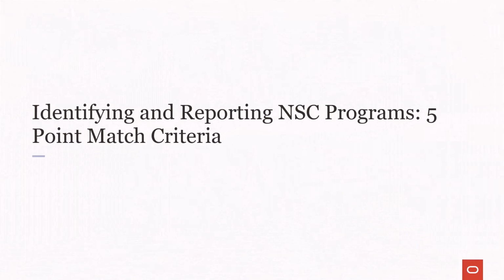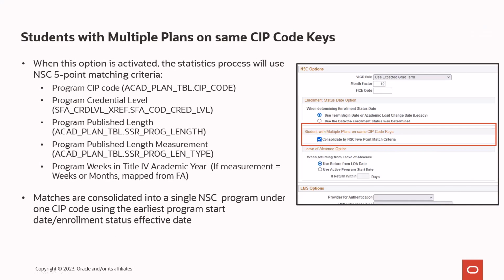In this next section, we'll look at how the NSC 5-point matching criteria can be incorporated into your NSC program reporting process. If a student has multiple active plans that map to the same NSC program, these can be consolidated using the NSC 5-point match criteria option.